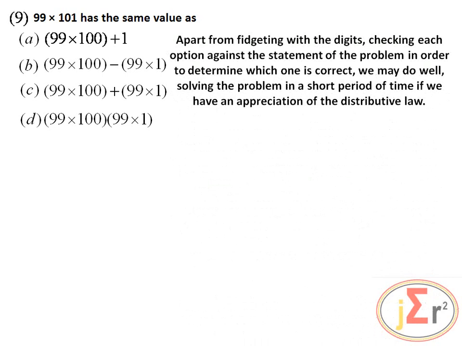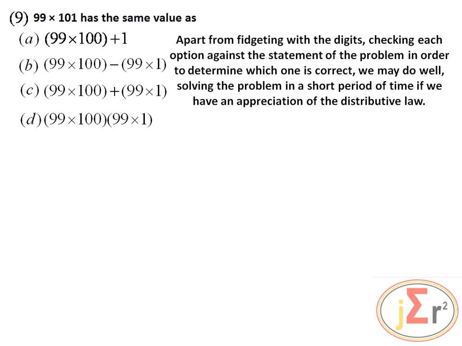Apart from fidgeting with the digits, checking each option against the statement of the problem in order to determine which one is correct, we may do well solving the problem in a short period of time if we have an appreciation of the distributive law.